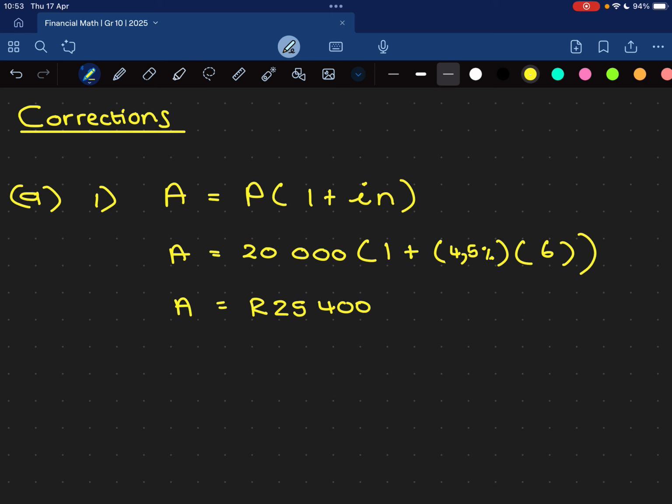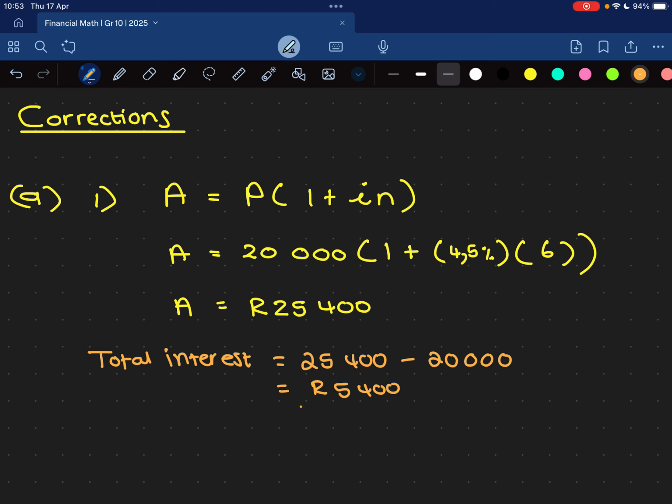So the total interest received is the second part of this question, which you get by taking the A value, 25,400, and subtracting the 20,000. You'll get a total of 5,400. Okay, so those are the two answers that you had to give.